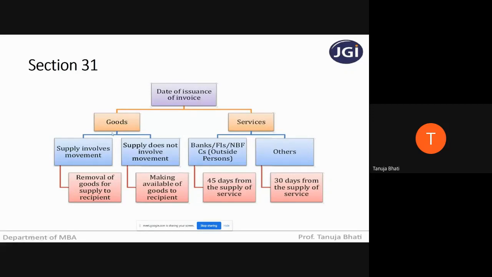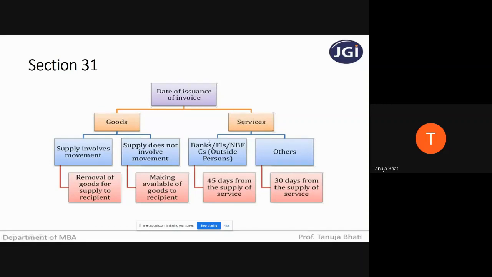So let us see, if it is goods and goods involves supply, involves movement, then the due date to issue the invoice is the date when the goods are removed, that is removal of goods for supply to the recipient. If supply does not involve movement, then it is the date on which you are making available the goods to the recipient, which means the date of delivery.